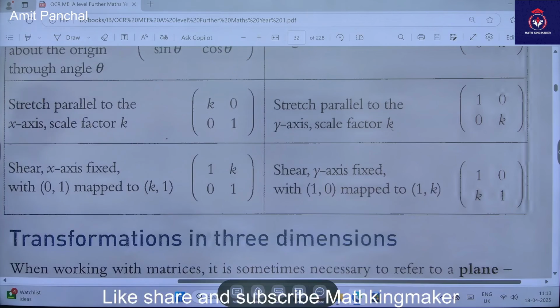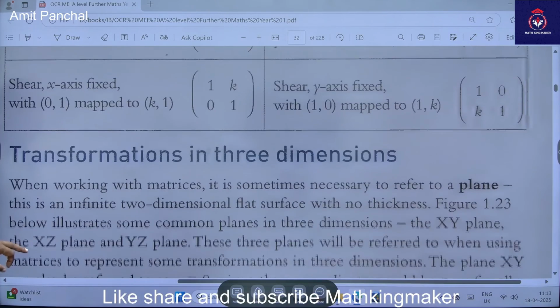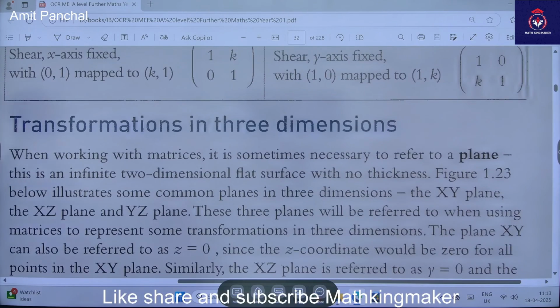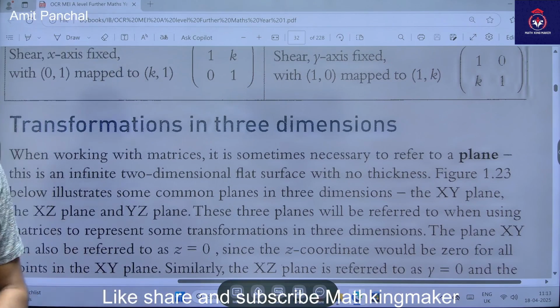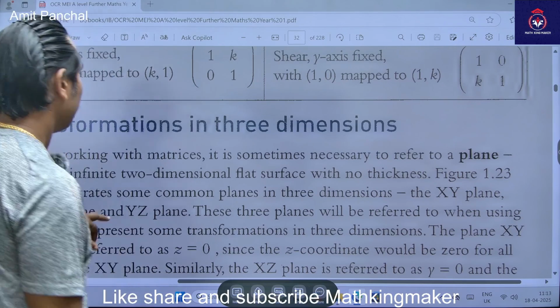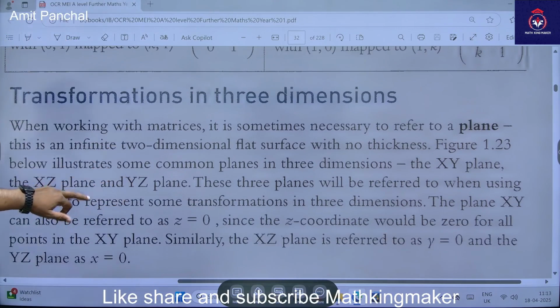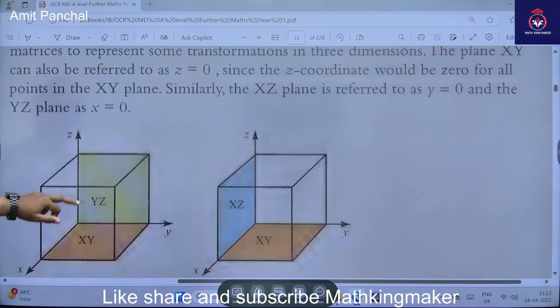Now we'll see transformations in 3 dimensions. Do you have any doubt till now? No, sir. This is just an introduction, because I have a class in 2 minutes, so we'll see transformation in 3 dimensions in the next class.